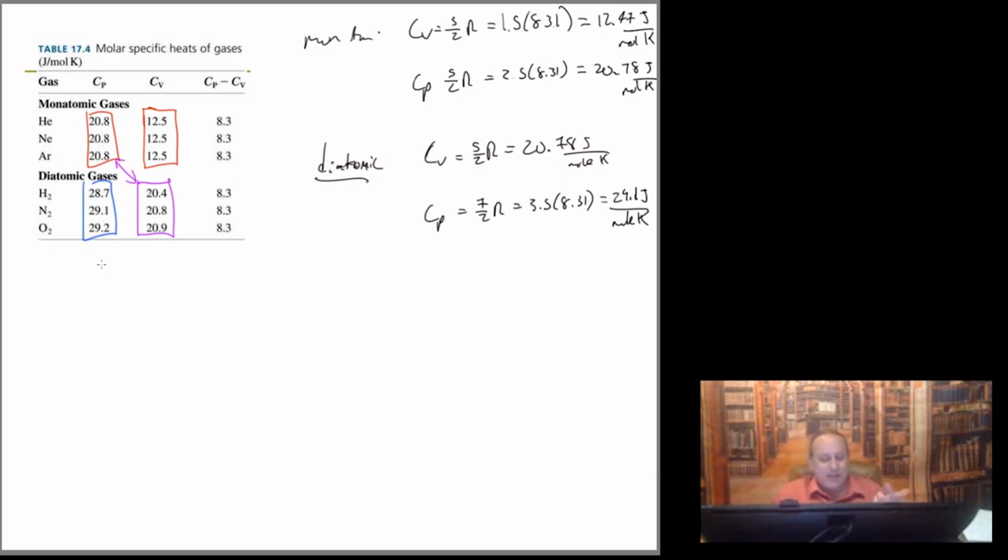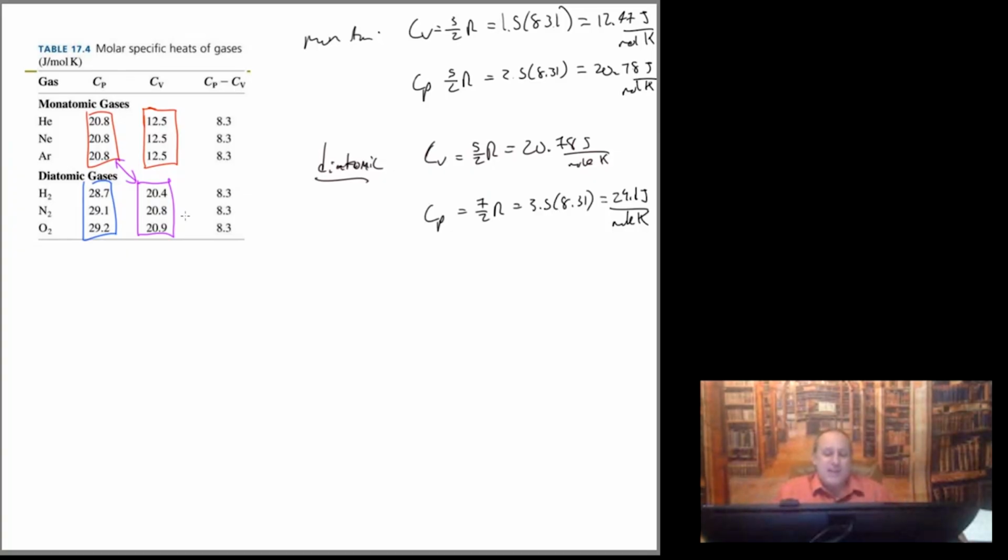And then at even higher temperatures, they can start vibrating like a spring and mass system. The atoms in the molecule can start to oscillate back and forth like they're connected by a spring. That gives us even more degrees of freedom. So for example, for O2, we get a little bit too high of a value because some of the particles in O2 at the temperature range that these data were taken have started to vibrate.